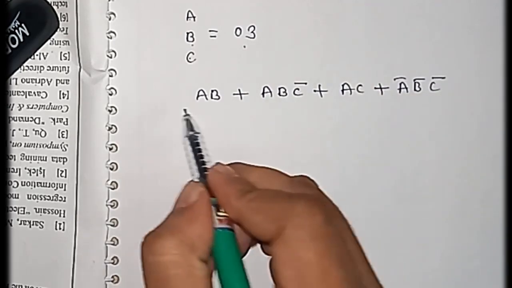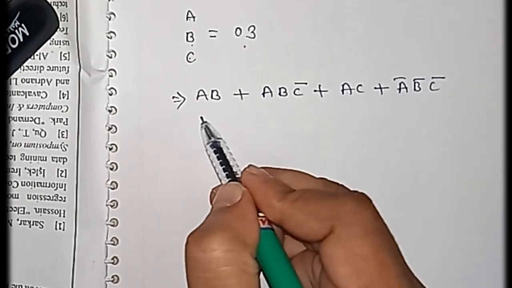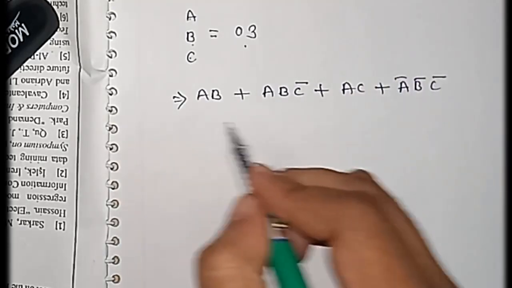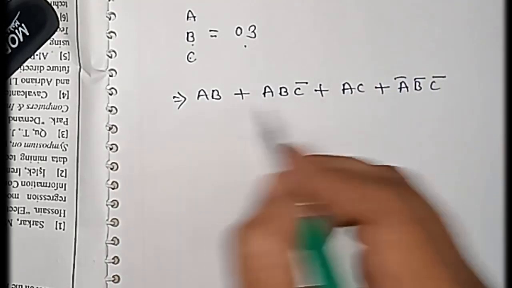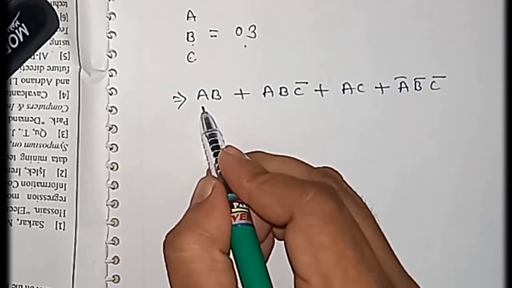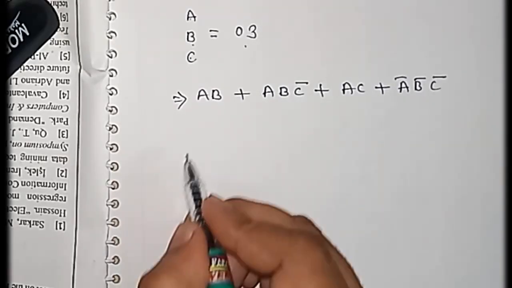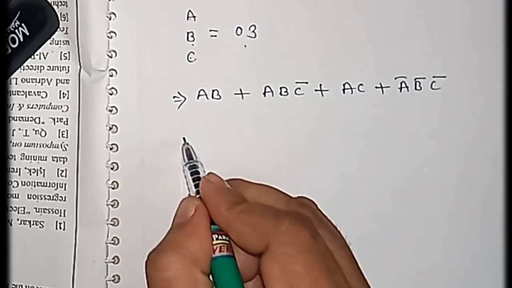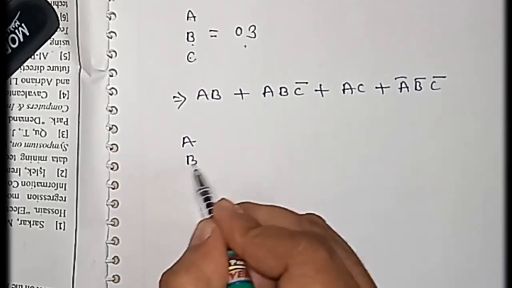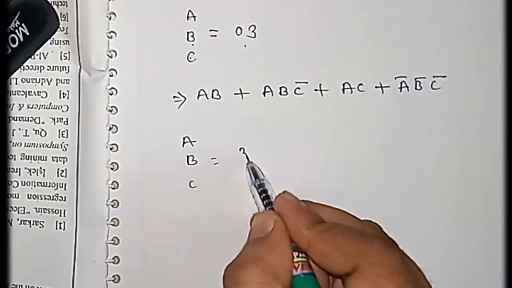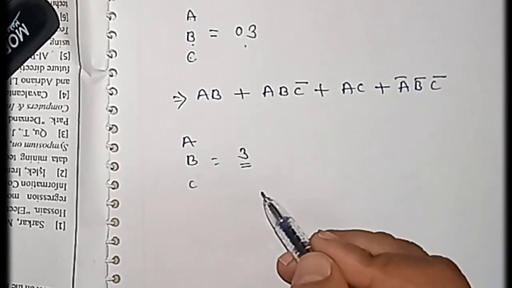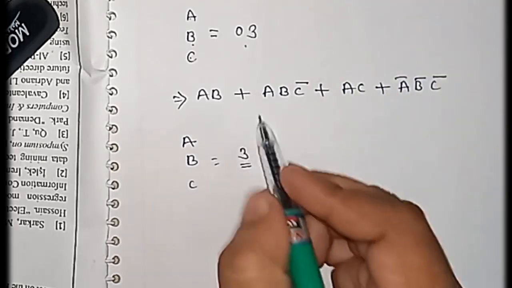First you need to find out the total number of literals present in your equation. As per the equation given, we again have 3 variables A, B and C, total 3. Now consider each product term.